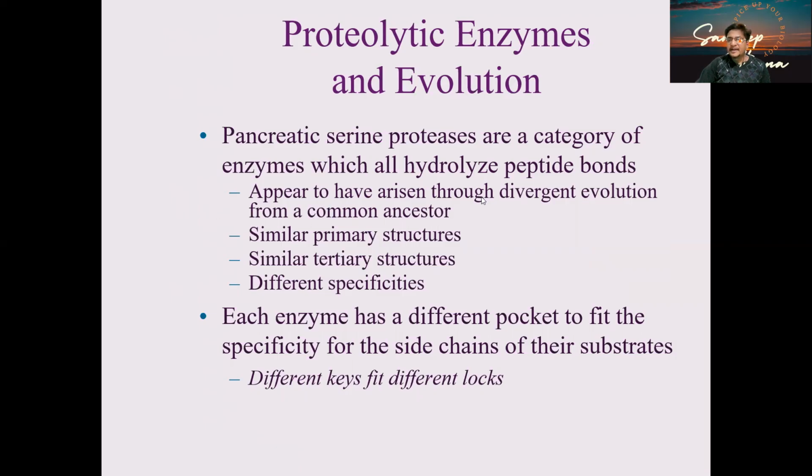They appear to have arisen by divergent evolution from a common ancestor. So they have similar primary structure, similar tertiary structure, and different specificities as well. Each enzyme has a different pocket depending upon their substrate molecule, so that it can fit in.